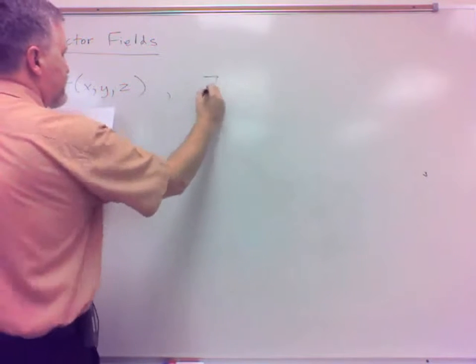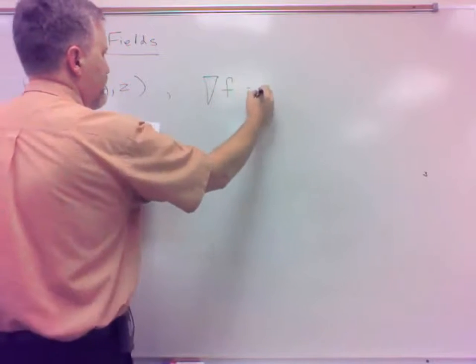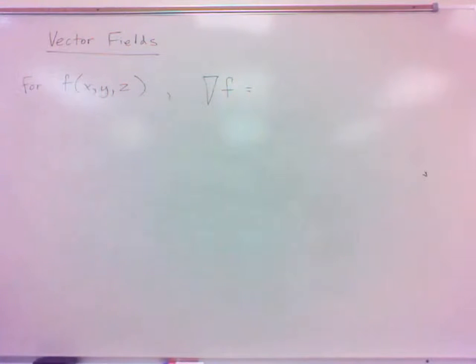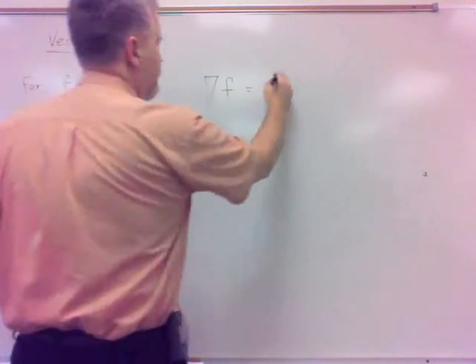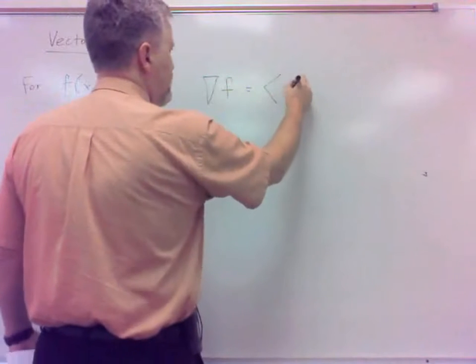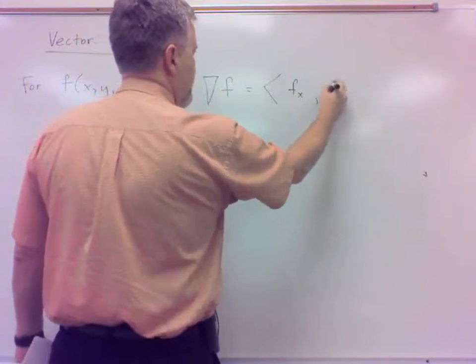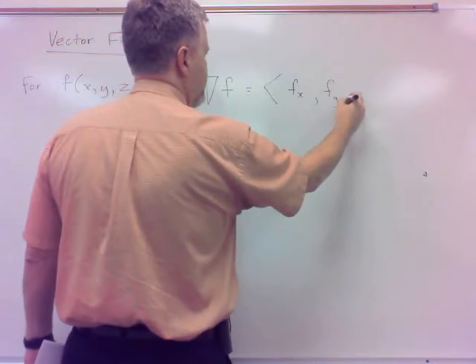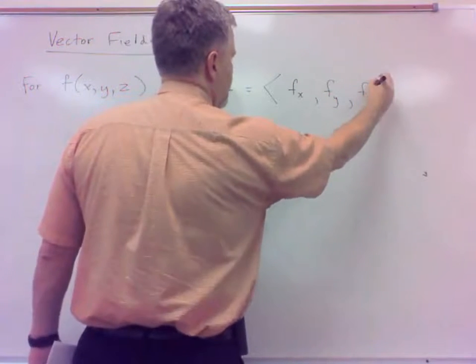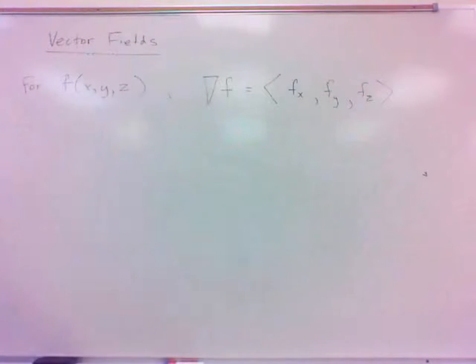The gradient of f, remember what it was? Well, it was the vector composed of the partial derivatives: the partial derivative of f with respect to x, the partial of f with respect to y, and the partial of f with respect to z.